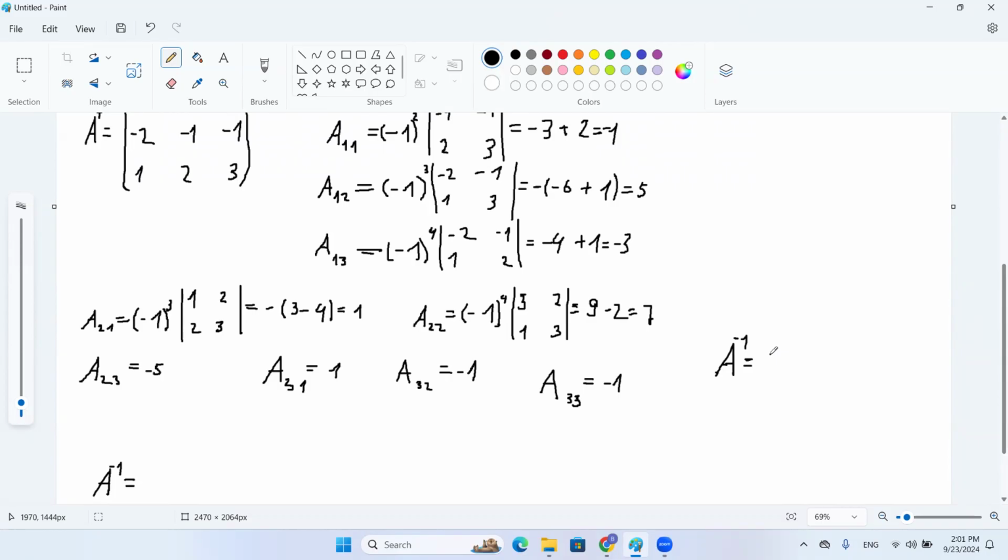I can say what the inverse matrix looks like. We just place the cofactors in their places, and we transpose, and just something is missing.